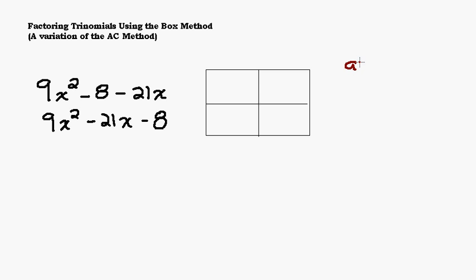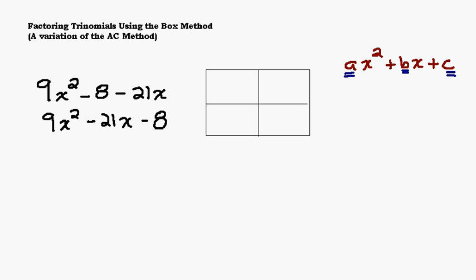Let's refresh ourselves on what the AC method is. If you have a trinomial in this descending order, ax squared plus bx plus c, a is the coefficient on the x squared term, b is the coefficient on the x term, and c is the constant term.